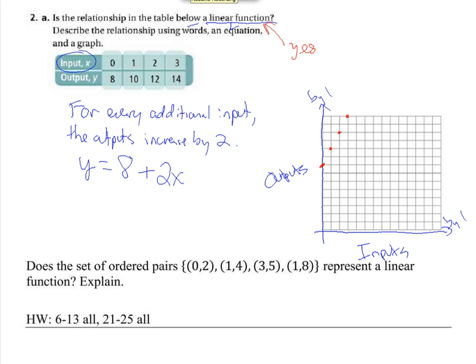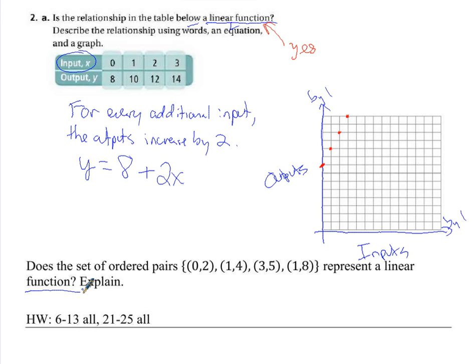One last problem. Does the set of ordered pairs listed here represent a linear function, yes or no? So I got some no's. Why not? Okay, yeah, so there's actually several ways to answer this problem. We're looking at these ordered pairs, and it's asking for a linear function.